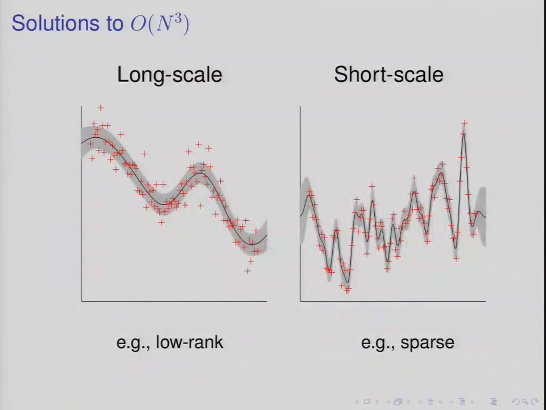If the function is a long scale function, you can use, for example, low rank approximations of the covariance matrix. If the function is a short scale, you can use, for example, compactly supported covariance functions, so the covariance matrix will be sparse, and you can utilize sparse matrix algorithms to gain some speed. We are now interested in these short scale phenomena, so you can assume the resulting covariance matrices are sparse.